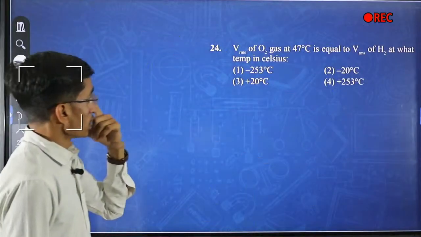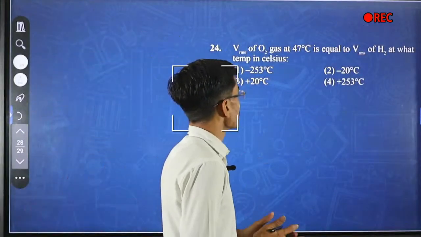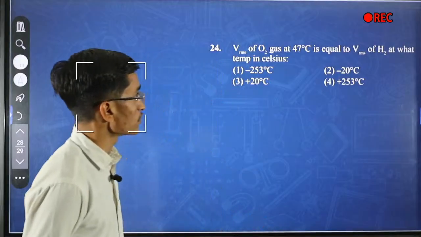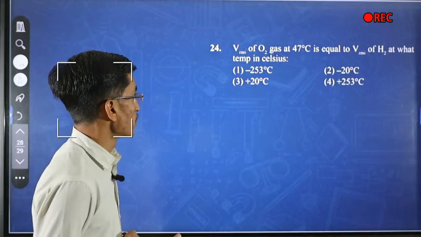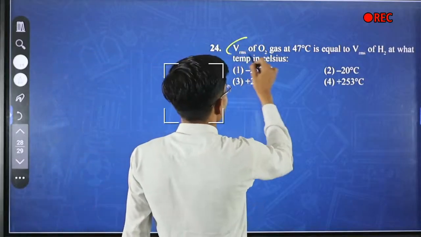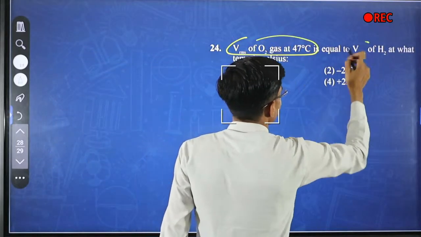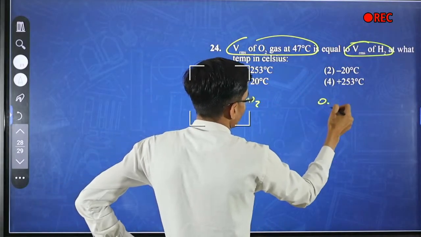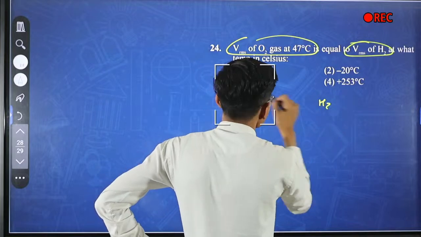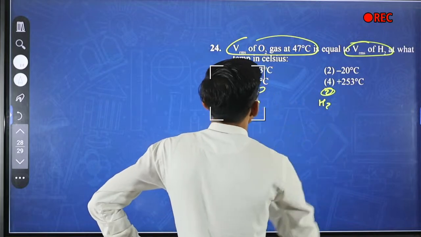Next question: VRMS of O2 gas at 47 degrees Celsius is equal to VRMS of H2 at what temperature in Celsius? Okay, here is the data for O2 and for H2. Let us say O2 and H2, gas 1, gas 2.